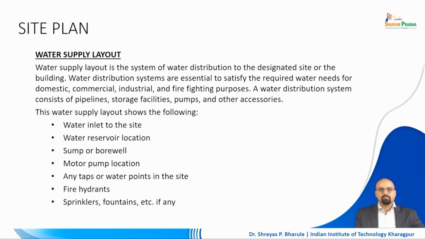In case of gardening, often people introduce sprinklers or fountains in the landscape of a particular site area. So in that case, all of those connections are also to be laid out.